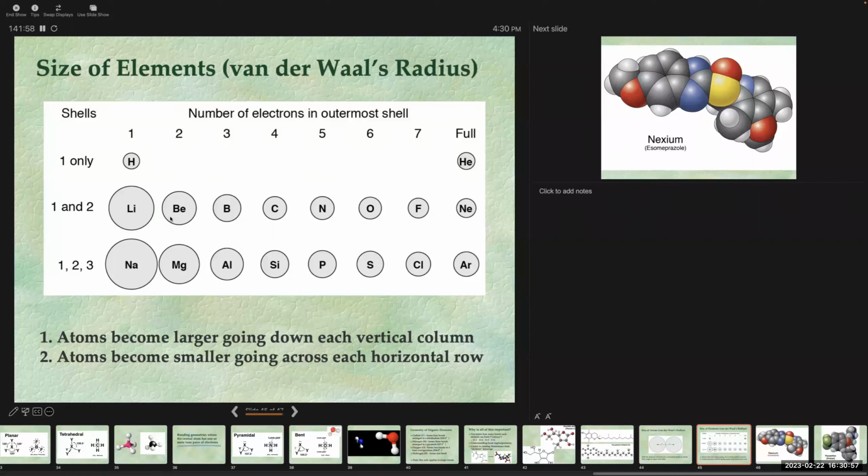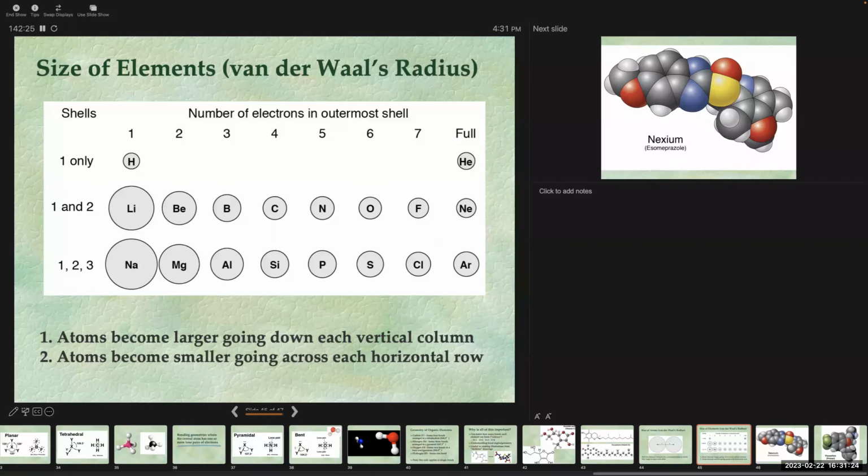Beryllium has 2 electrons in its outer shell. Boron has 3, carbon has 4, nitrogen has 5, oxygen has 6, and fluorine has 7. You might think that as you put more electrons into that outer shell, it would get bigger. But just the opposite happens. The more electrons you put in the outer shell, the smaller the atoms get.